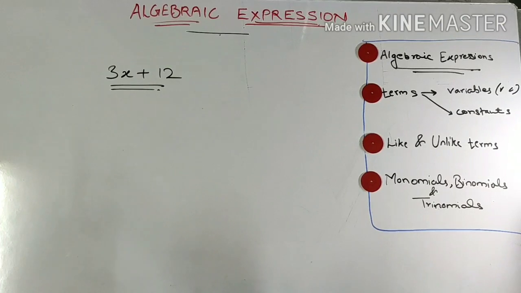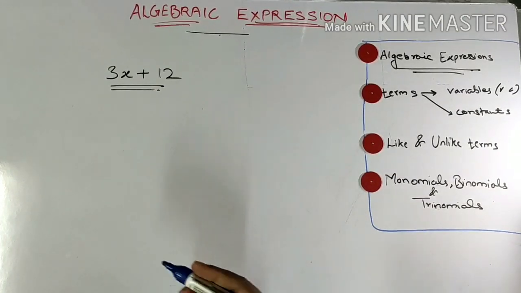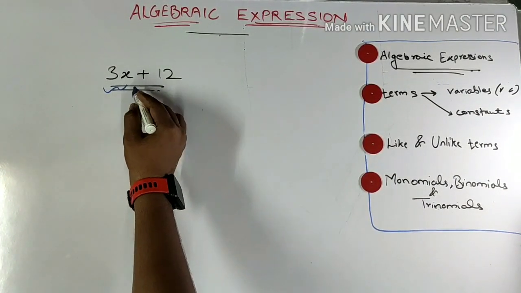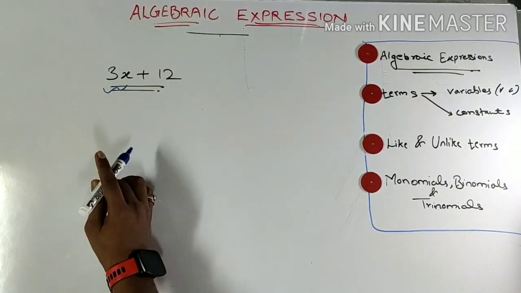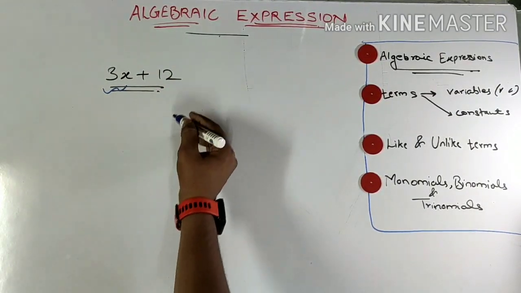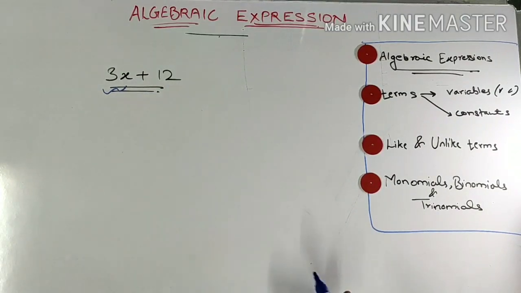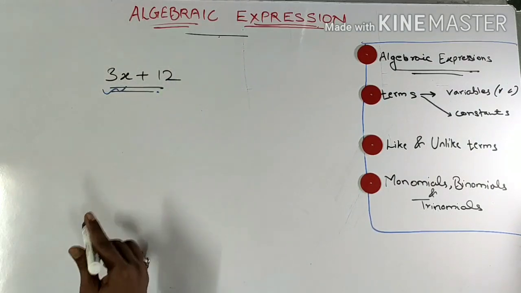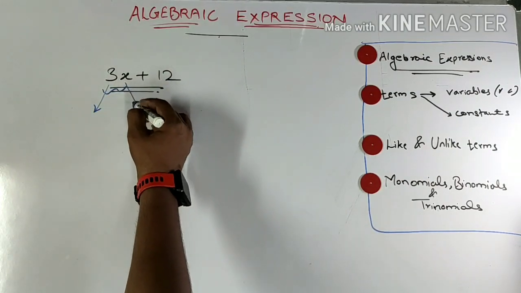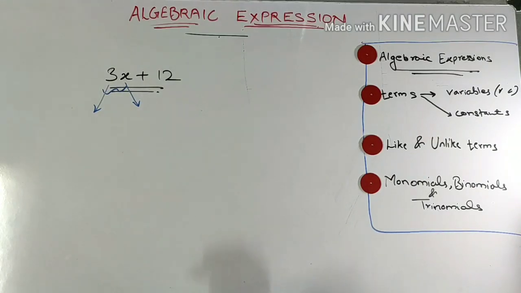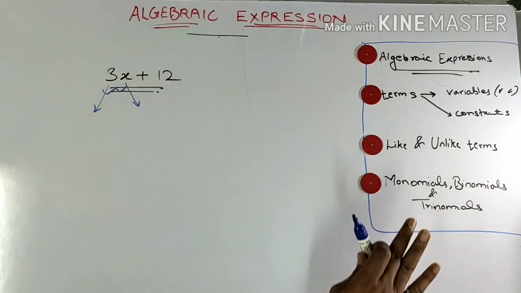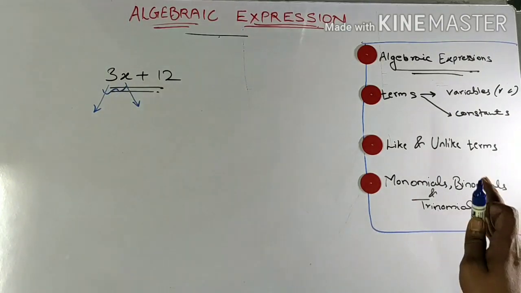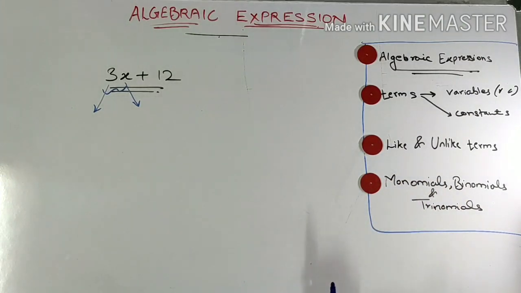In this algebraic expression, we learn that it has a variable term and a constant term. 12 is a constant because its value does not change. This is one of the terms. This is the other term, 3x, in which 3 is the coefficient and x is the variable. No matter, 3's value does not change, but x can be anything. It can be 1, 10, 20. It can be 1, 2, 4, 1000, billion, like that.